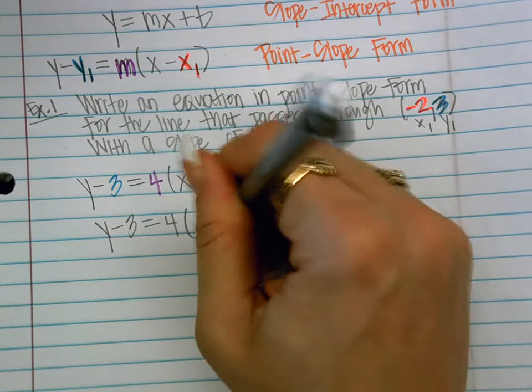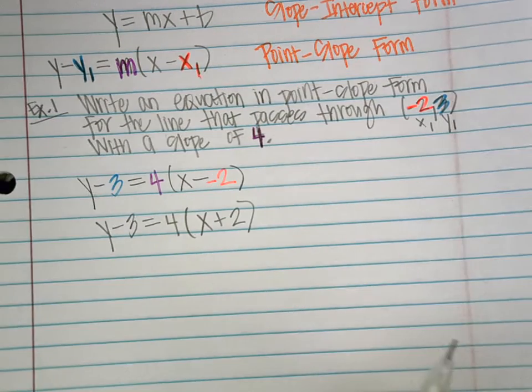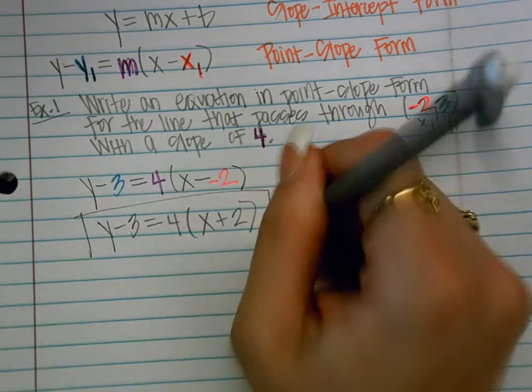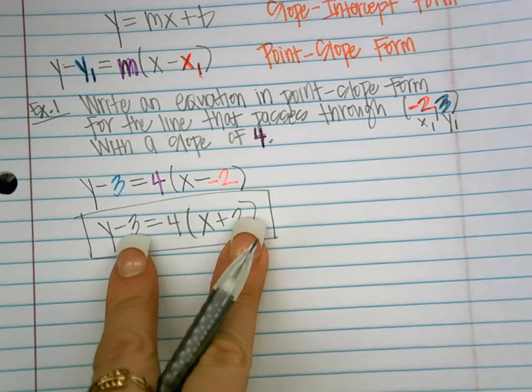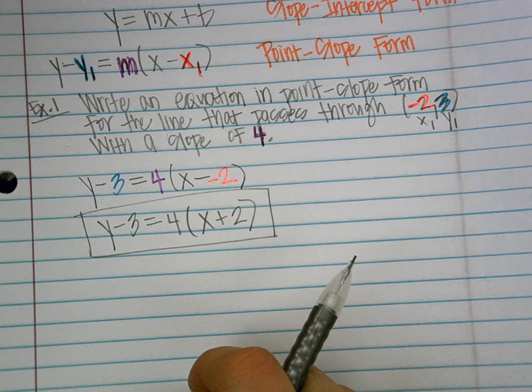Positive. Plus 2. That's your answer. That is an equation of a line written in point-slope form. It's called point-slope form because it has a point and a slope in the equation.